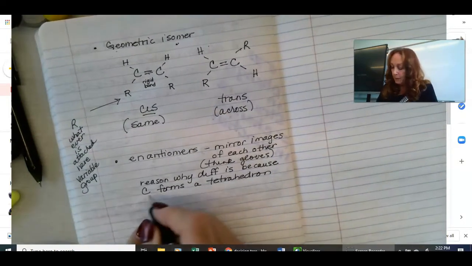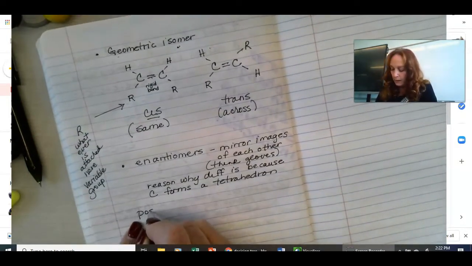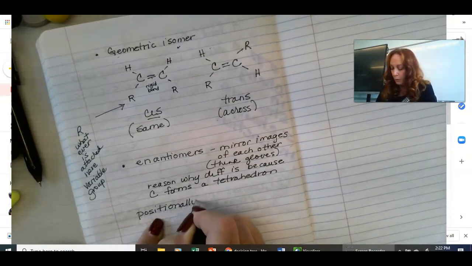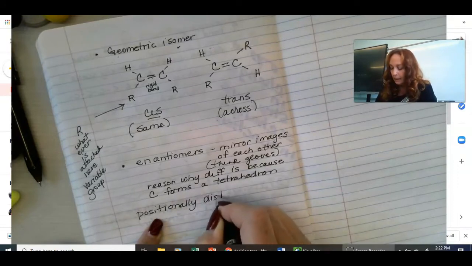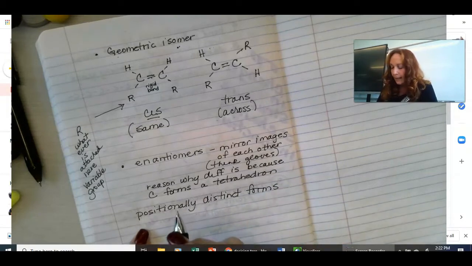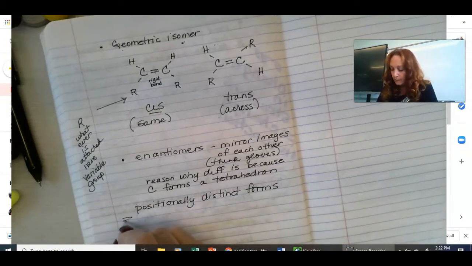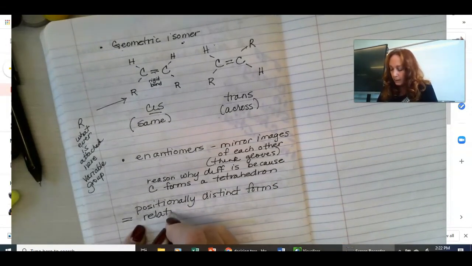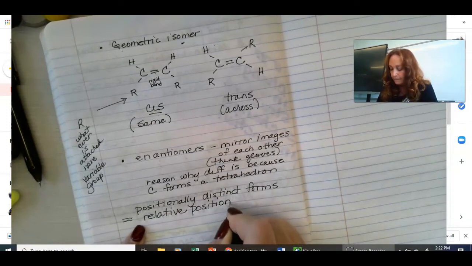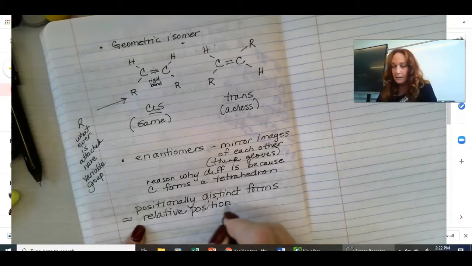So the way to put this is it's positionally, yes, positionally, I made that word up, distinct forms. And what it really is is relative position. So this is of all of what's attached to the carbon.